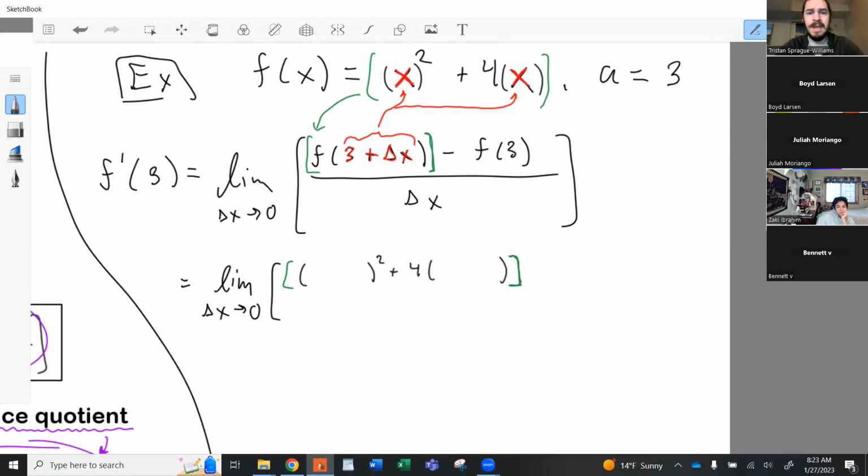And then inside that pair of parentheses, I will put whatever is written in here, the 3 plus delta x, like that. So this is my favorite approach.